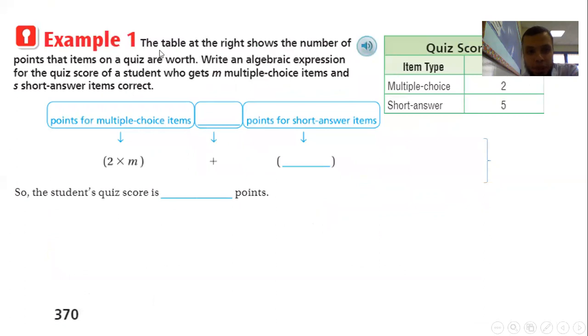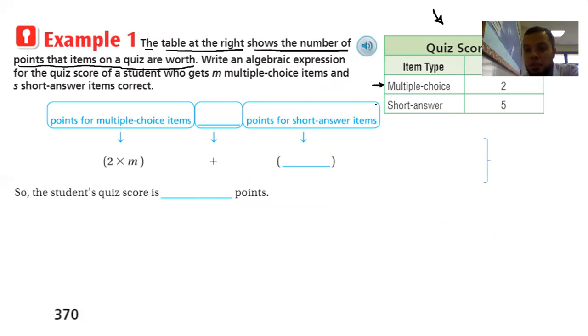Let us see example 1. The table at the right shows the number of points that items on a quiz are worth. Okay, again, the table at the right, you see the table at the right? Yes. It shows the number of points that items on a quiz are worth.